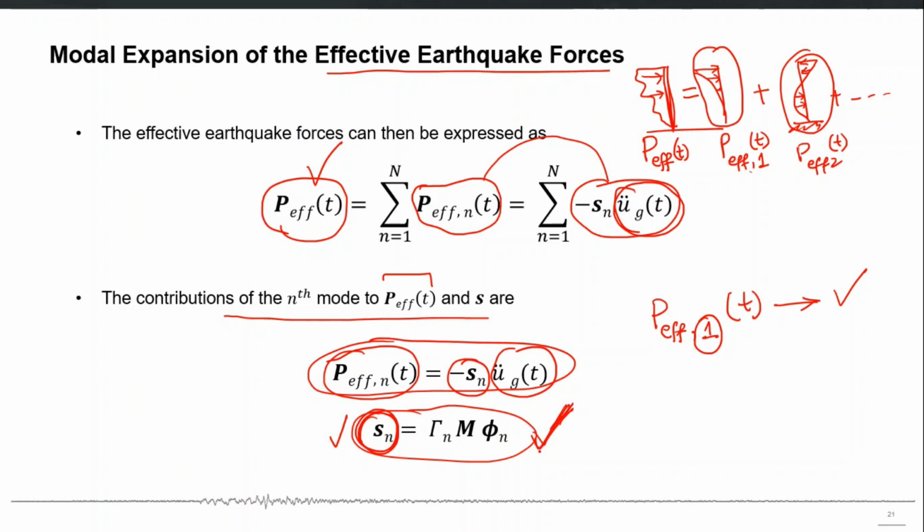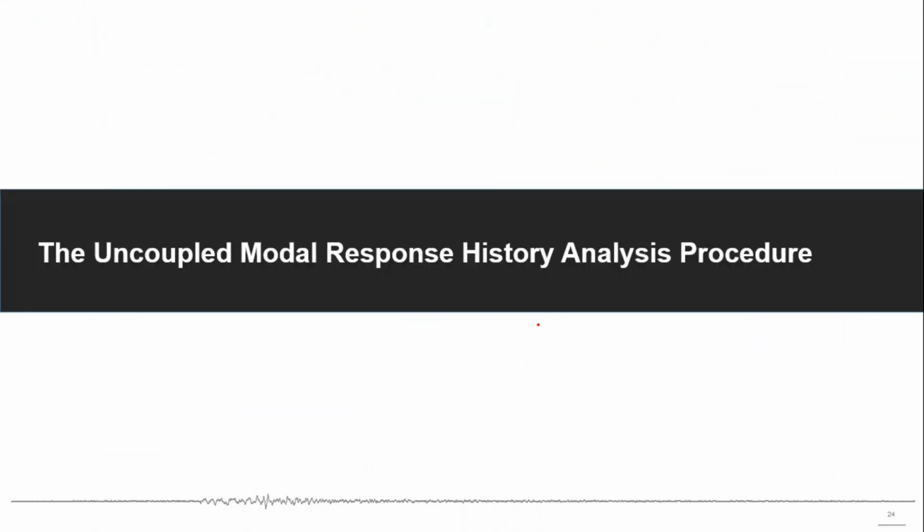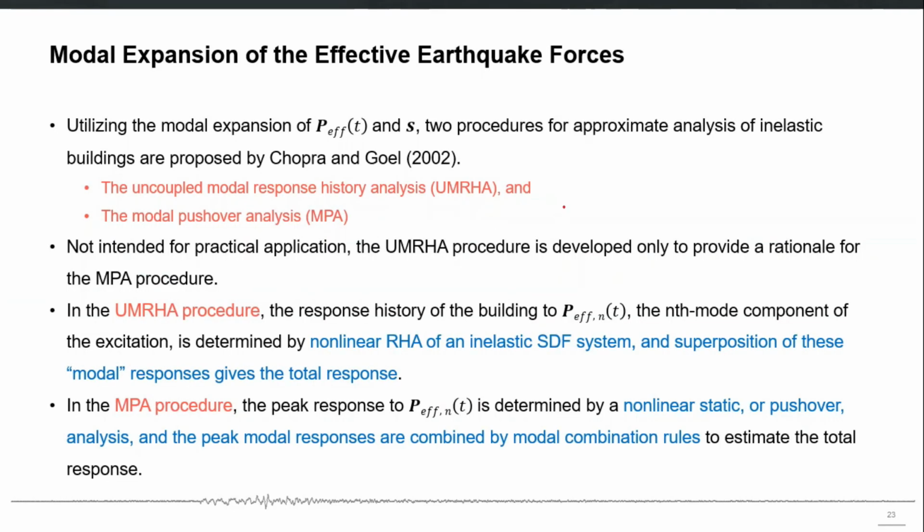So based on the modal expansion of these effective earthquake forces, Chopra and Goel developed two approximate seismic analysis procedures. One is called the uncoupled modal response history analysis, and the second is called the modal pushover analysis. The UMRHA, or uncoupled modal response history analysis, was not originally developed to be a specific or separate seismic analysis procedure.